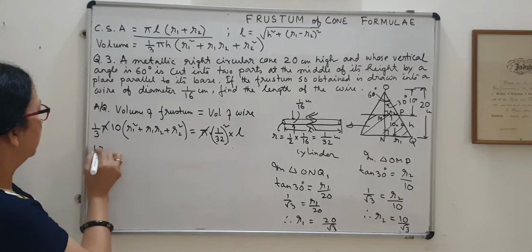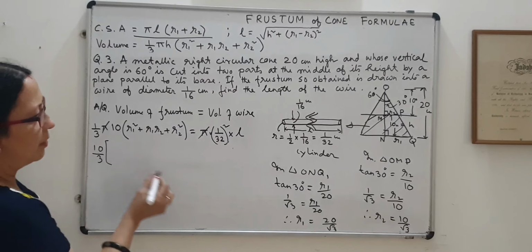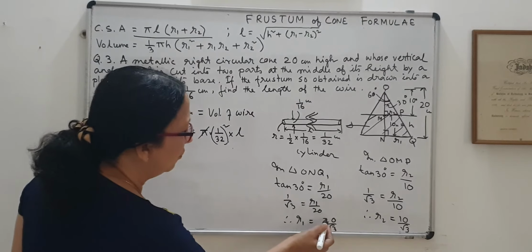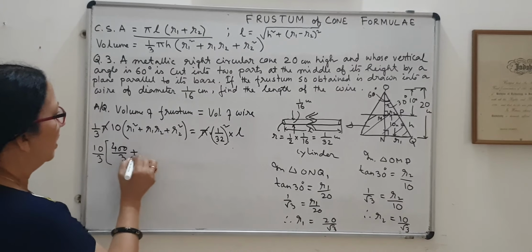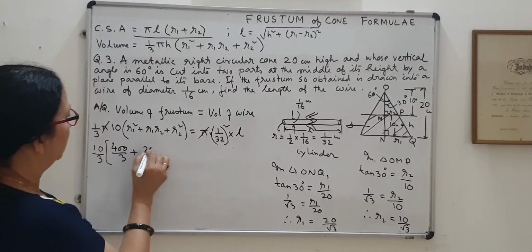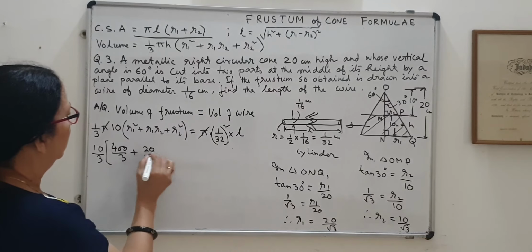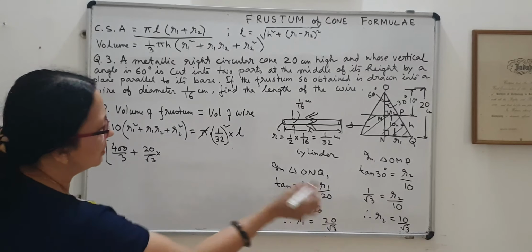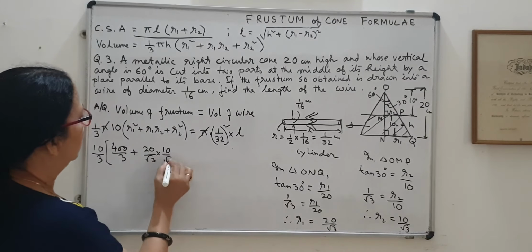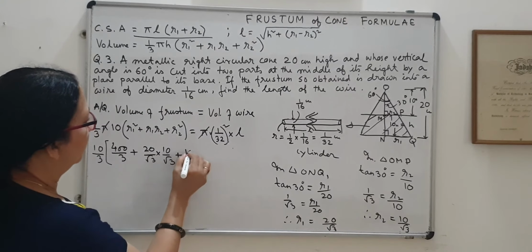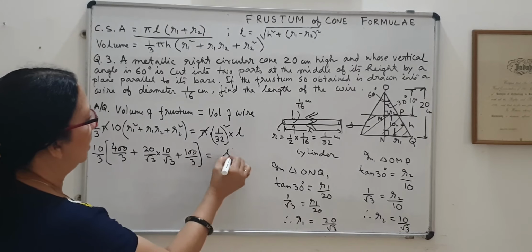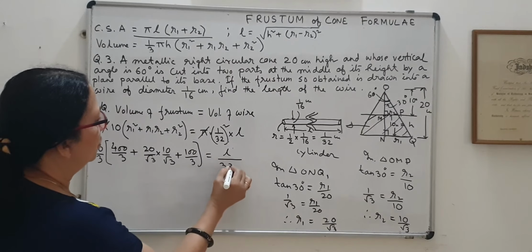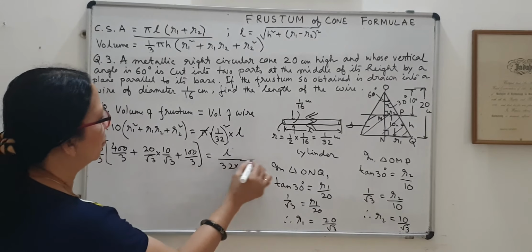So it is 10 by 3. R1 square will be 400 by 3. R1 R2 is 20 by root 3 times 10 by root 3, which is 200 by 3. R2 square will be 100 by 3. This equals L upon 32 square.